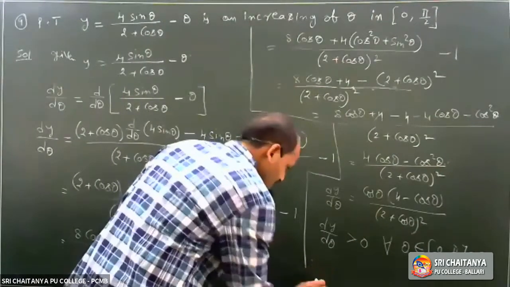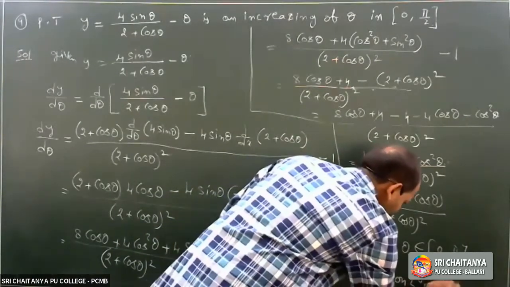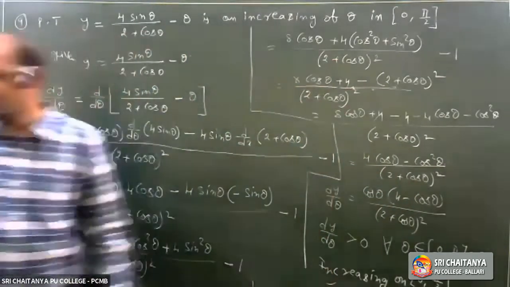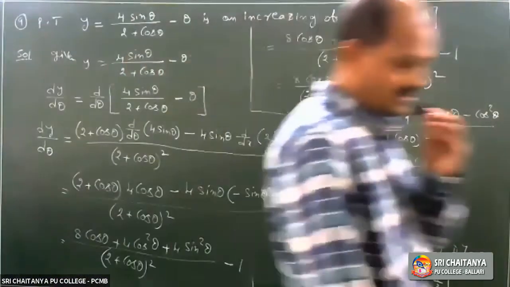So the function is increasing on 0 to pi by 2. Write it down. Write it carefully.